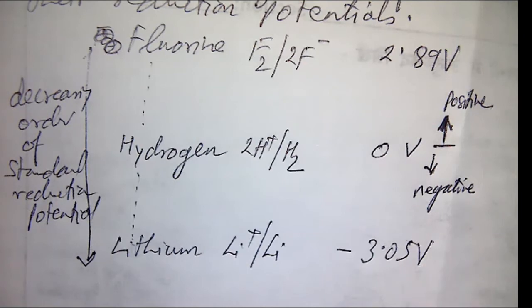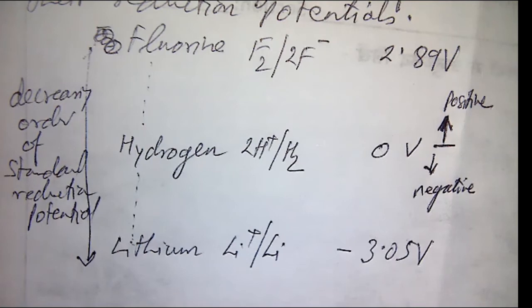So if it is not standard, then those values will not match. Whatever values are given in the electrochemical series are only for standard ones. For non-standard, we have to do some more calculations, and with those calculations we can calculate the non-standard ones. Clear?